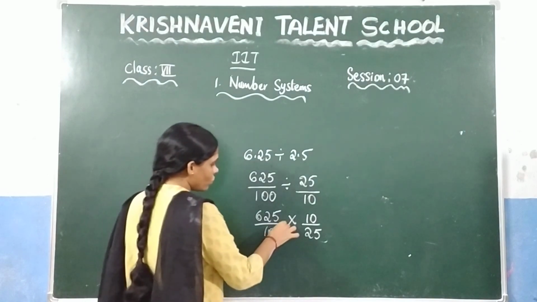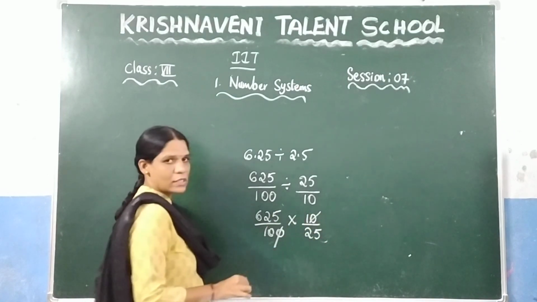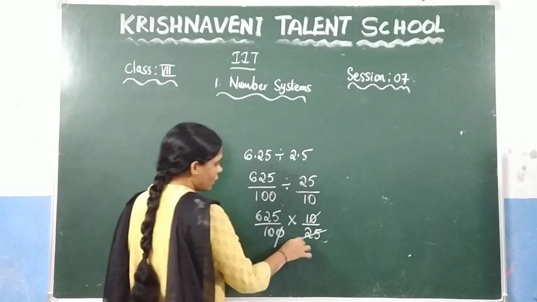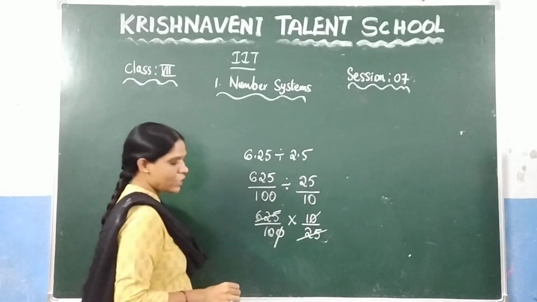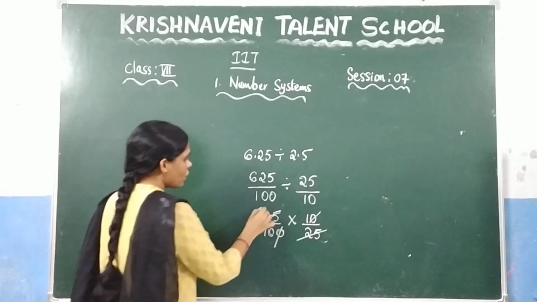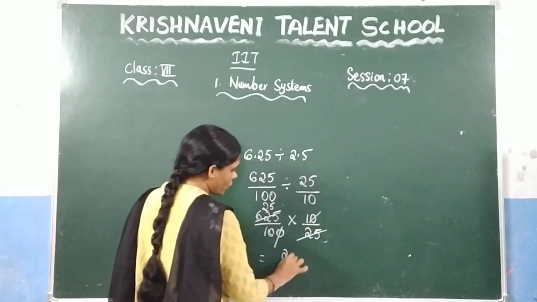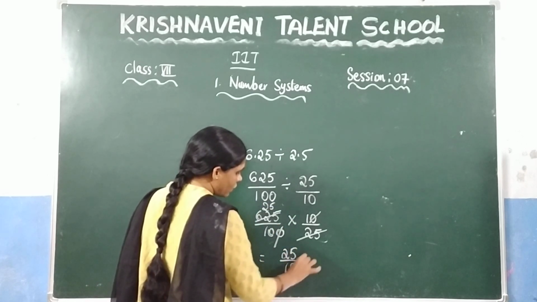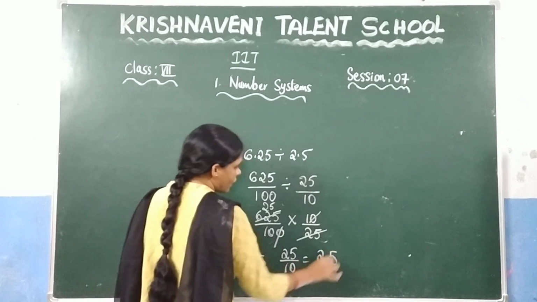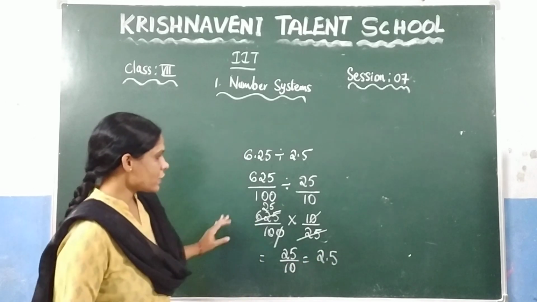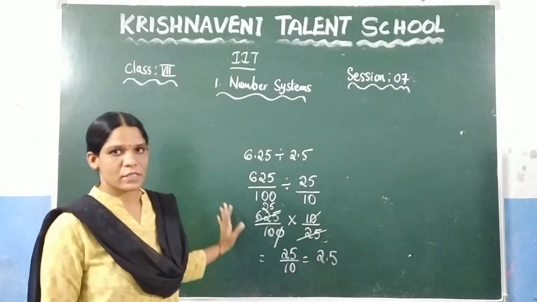So you know that the zeros will get cancelled, and 25 into 25 is 625, so you will get 25 by 10. This one you can write as 2.5. Like this you need to divide two decimal numbers.